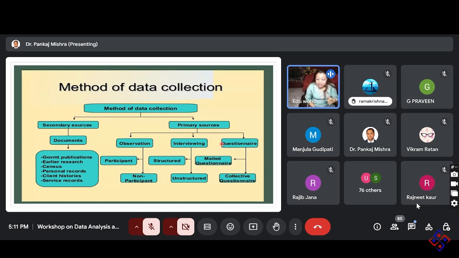Even if you send the same mail questionnaire to a group, that will become a mailed group questionnaire. And the collective questionnaire is when you ask respondents in a group to please answer this questionnaire. And the non-collective, or individual one, is when you ask any single participant to answer those questionnaires.